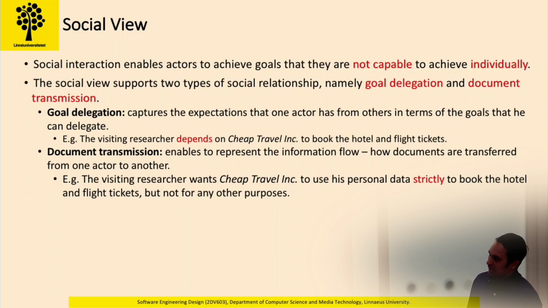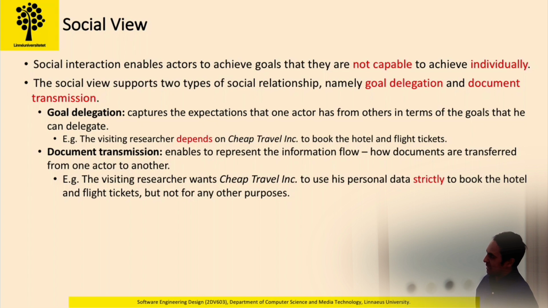Another example of goal delegation from our previous example is that the visiting researcher depends on the travel agency to book the hotel and flight tickets. The visiting researcher could do it himself, but he wants a good, cheaper price, and he doesn't want to be busy with hotel and flight booking, so he wants the agency to do that for him.